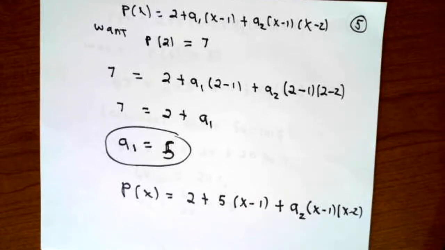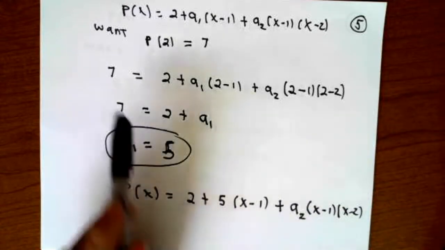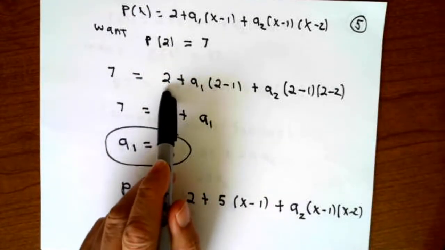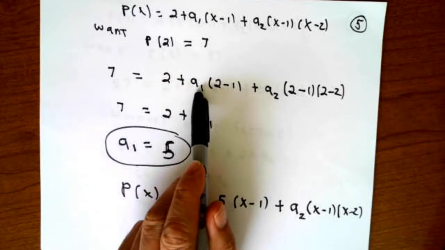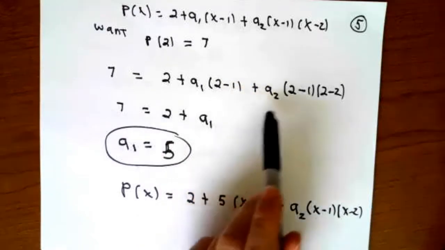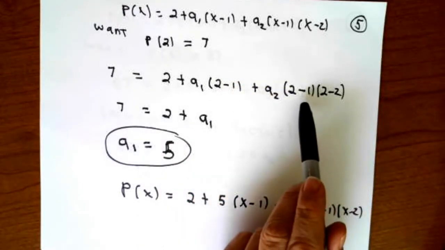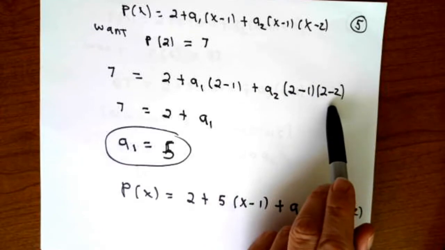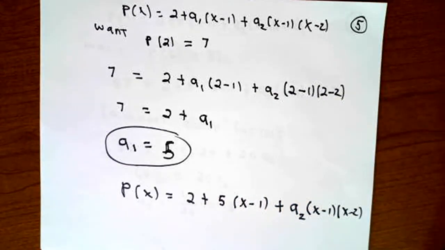On the other hand, when x is equal to 2, the function value is supposed to be 7. So we want 7 to be the answer when we put x equal 2 into our polynomial. So 7 needs to equal a0, which we've previously figured out, plus a1 times x, which is now 2, 2 minus 1, plus a2 times x minus 1, x minus 2.